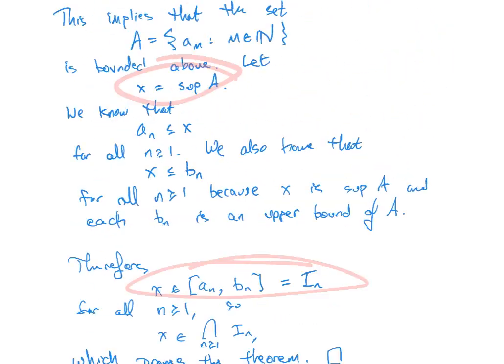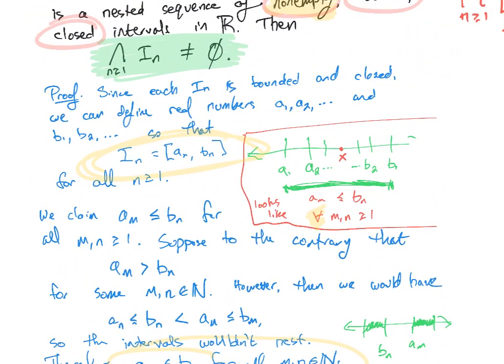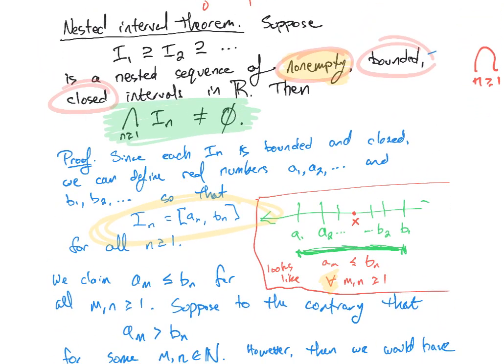We talked about the length of an interval last time. It's just the difference between the endpoints, right? These guys are bounded, so they all have finite length. Just pointing that out. You can show, using essentially the same proof, that if you look at the lengths of these intervals, and those lengths go to 0 as a sequence, then there is precisely one thing in the intersection, and that one thing in the intersection is X. Okay?